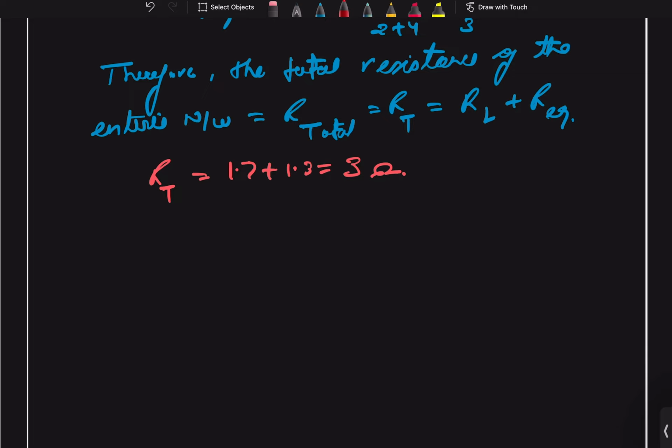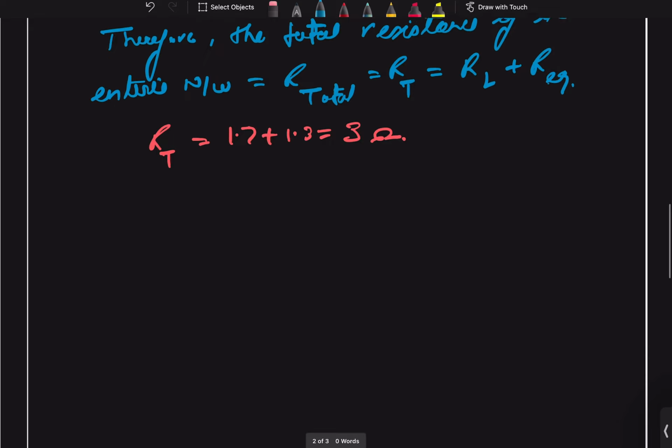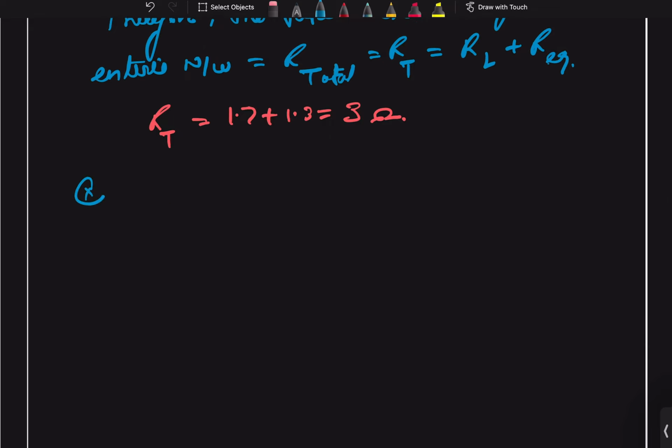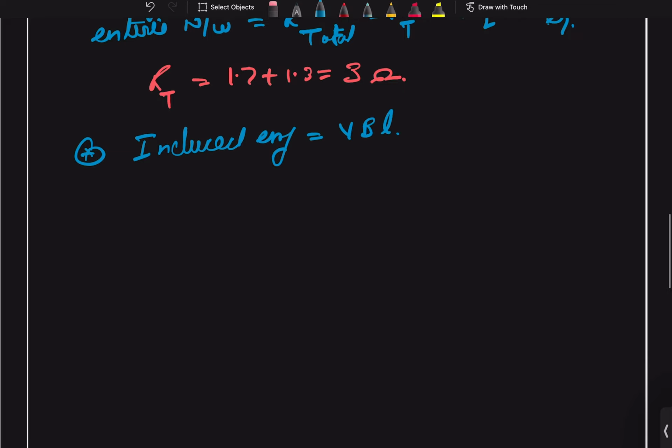Now we are supposed to find out the value of the current. For that, we are first of all going to find the induced EMF. Induced EMF will be vBl, and from here the current, which we assume as I, is the induced EMF divided by the total resistance.